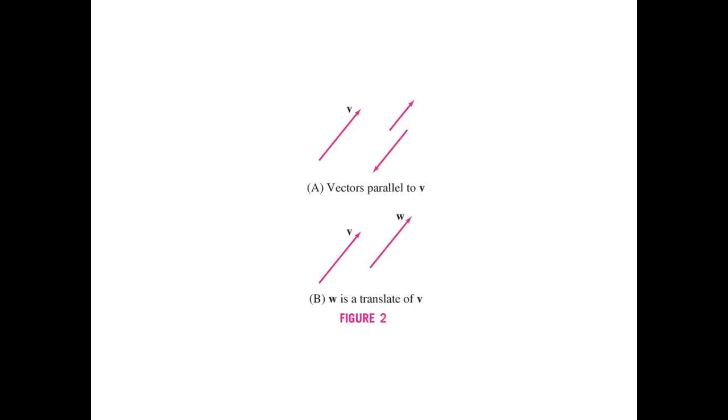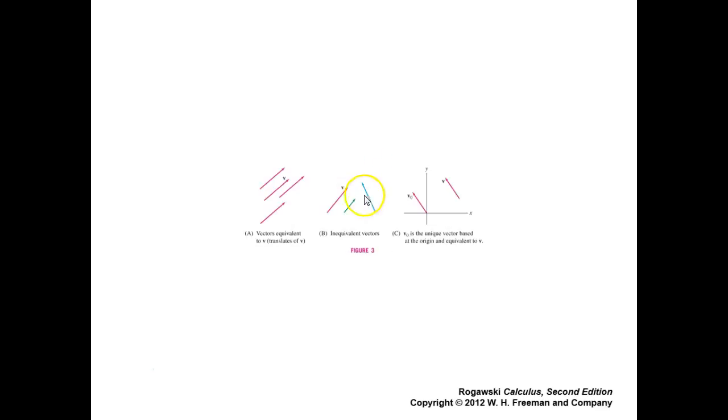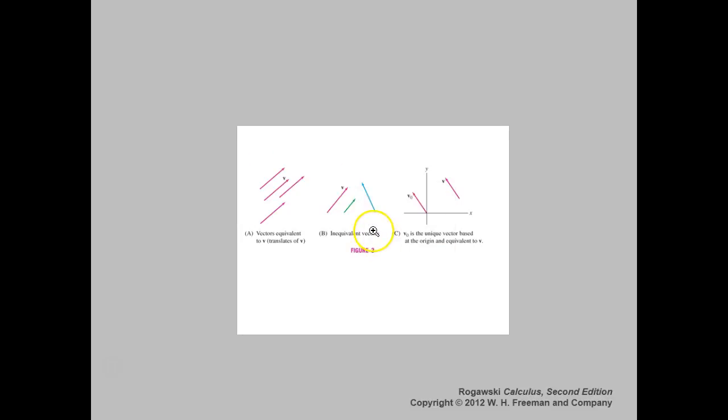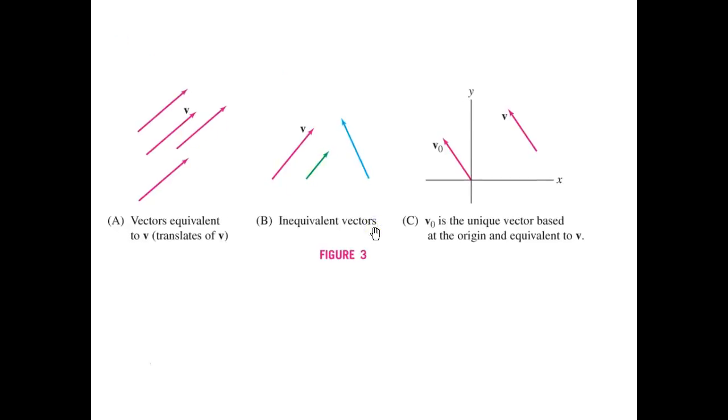Let me make sure I'm hitting all the points here that they're saying. Their slideshow is a bit on the weak side. Okay, I've already said they're equivalent. I wish they didn't have all the words here. All the vectors in this are equivalent to A. Why?